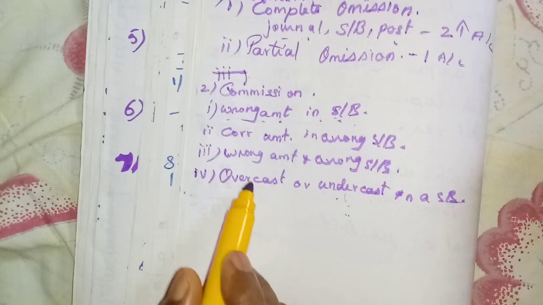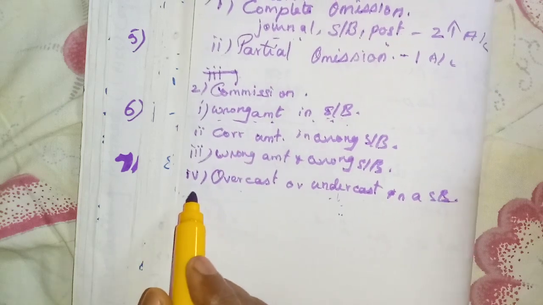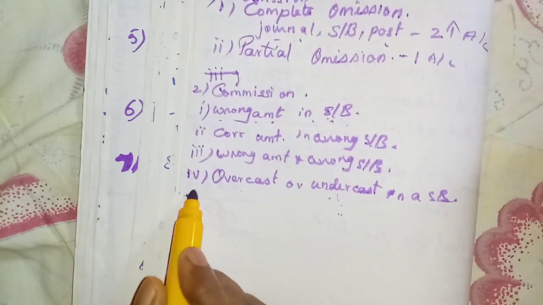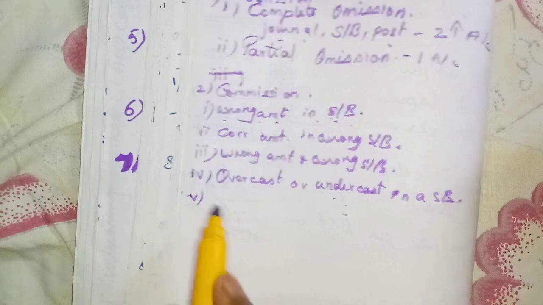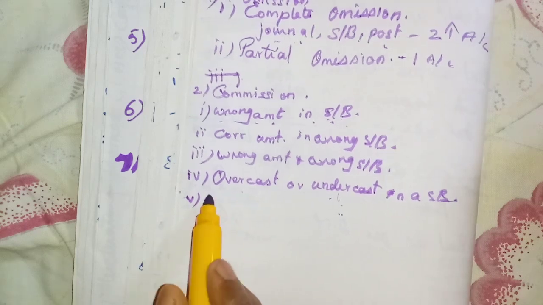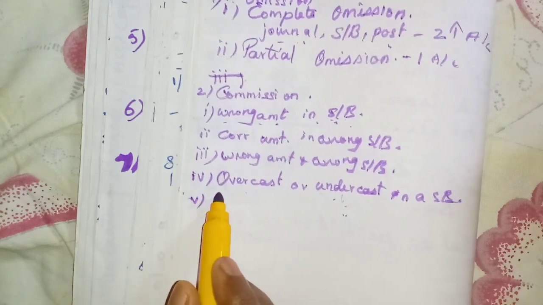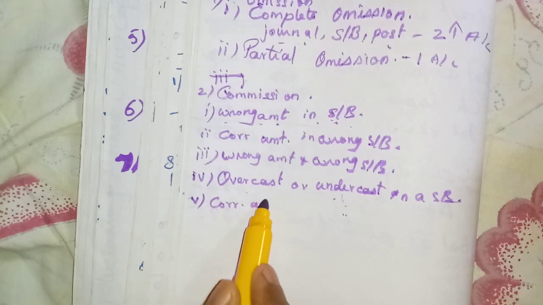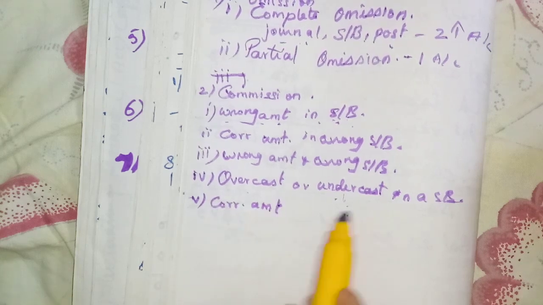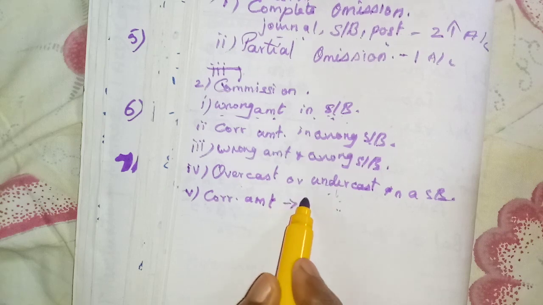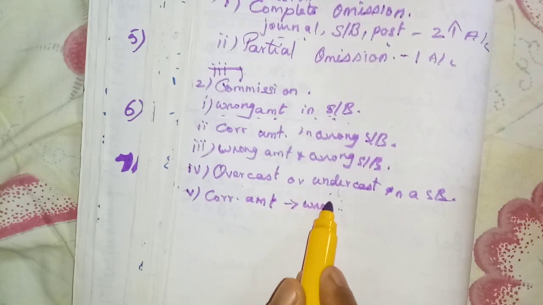Now the subsidiary book is over. Now we will come to the ledger account. What errors can they make in the ledger account? In the same way, the correct amount they may enter on the wrong side of the account.